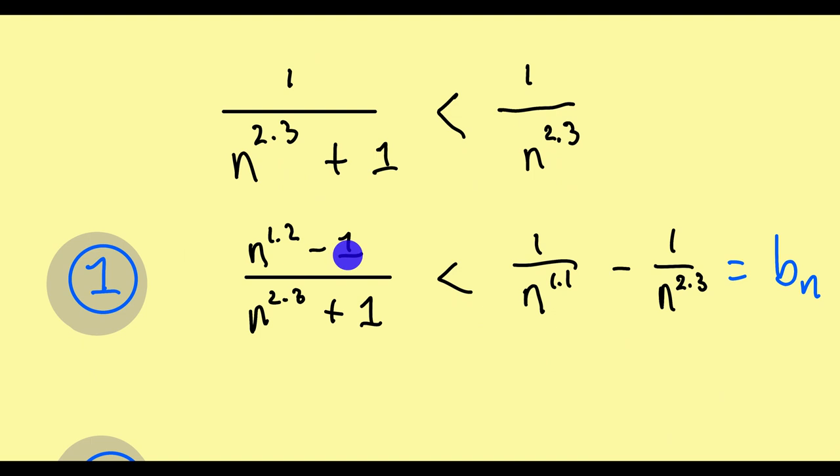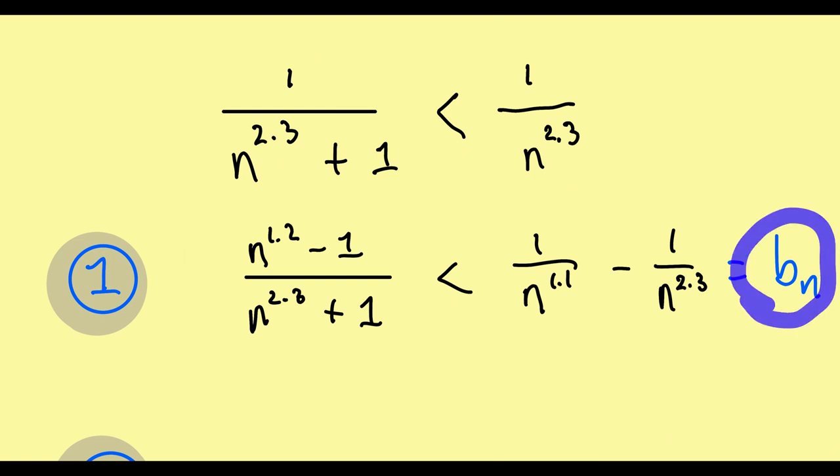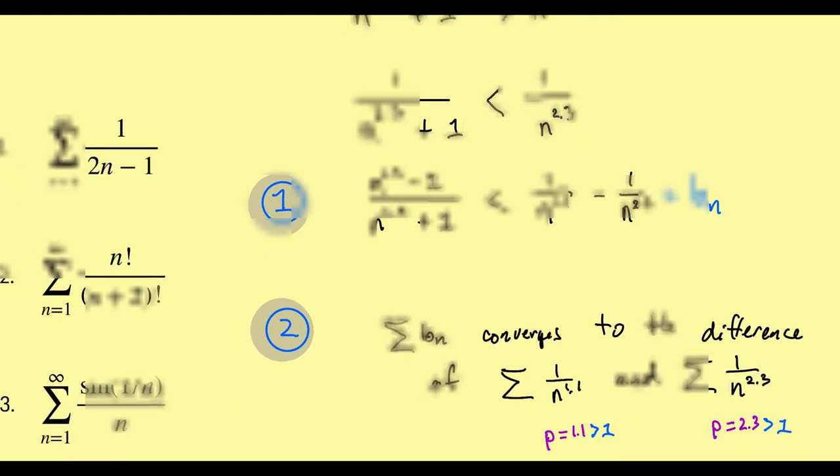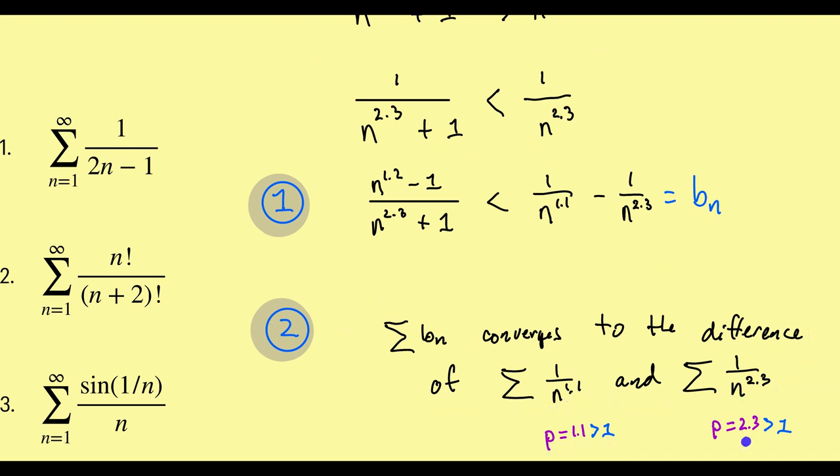And negative 1 over n to the 2.3 is itself. And these are each convergent. Therefore, the BN determined by their difference is convergent. So we can state that here, that on one hand, p equaling 1.1 defines a convergent series, p equaling 2.3 defines a convergent series.